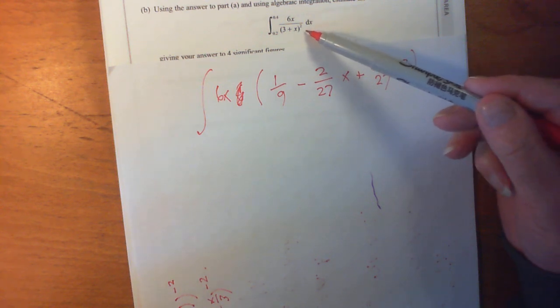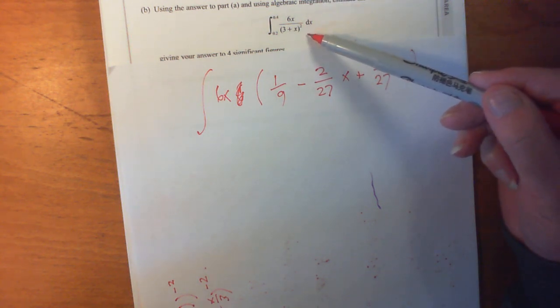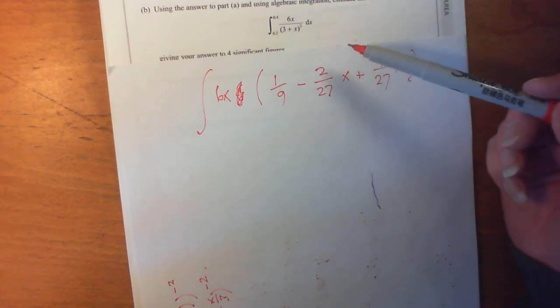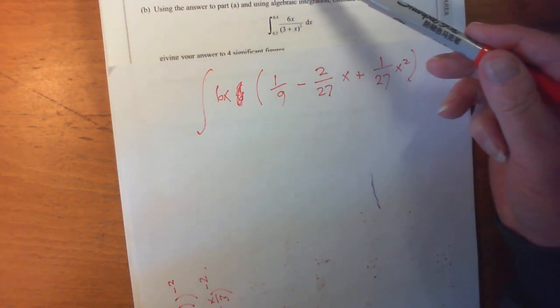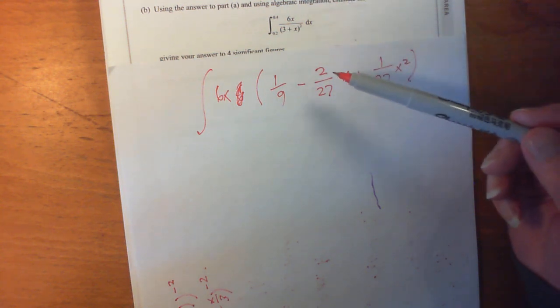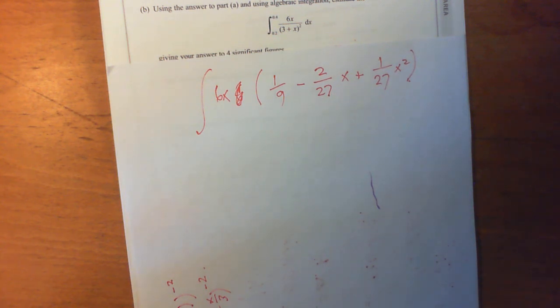They think that because they've got a denominator there, they need to put the expression from a into the denominator. But that's just not true, is it? Do I need to explain that? You take the expansion from a and just multiply it by 6x to get the required expression to be integrated.